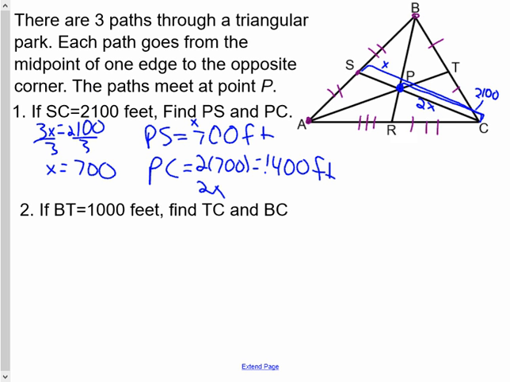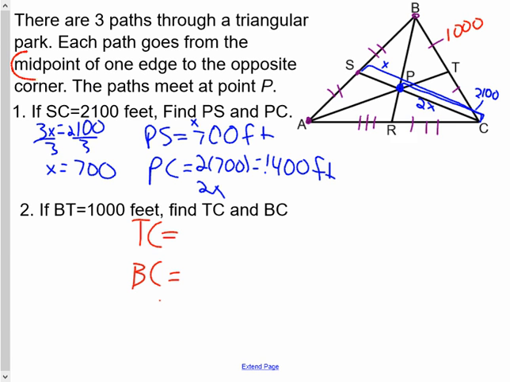One more set. We've got BT is 1,000, and we need to find TC and BC. Same situation, so BT is 1,000. Now, hold up, a little different. This one is not inside, it's outside. It requires you to remember the midpoint.